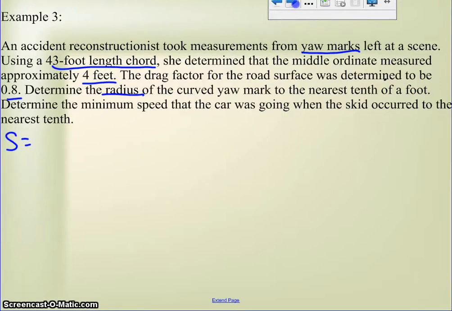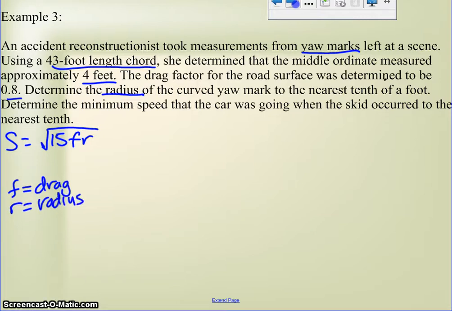Our second formula that we're going to use is when using our cord and our yaw mark and using the radius, and it is the square root of 15 times the drag factor times the radius.